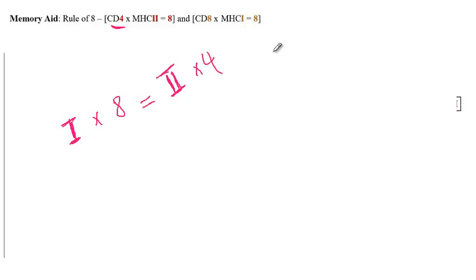So all these values are equal to 8. And what this means is that MHC1 is being recognized by CD8 positive cytotoxic T cells, while MHC2 is being recognized by CD4 positive helper T cells. And here I have shown you the memory aid, rule of 8.